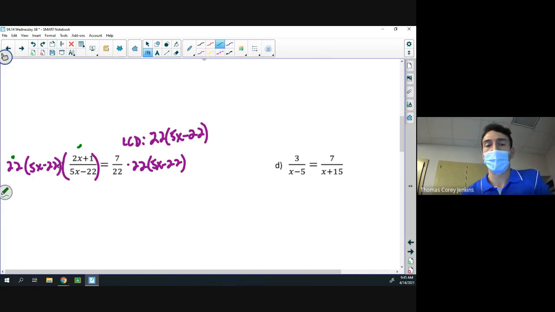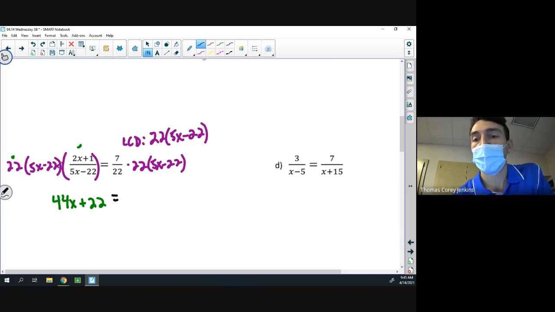So we'll just distribute across there, and that's going to give me 44x plus 22. And then on the other side, again, it looks kind of complicated, but the 22s cancel each other out, so then we're left with 7 times 5x minus 22.